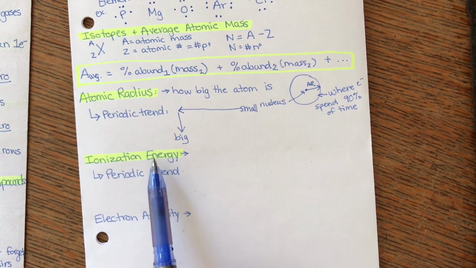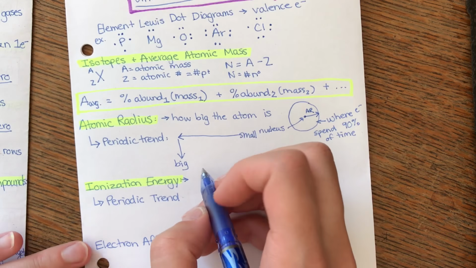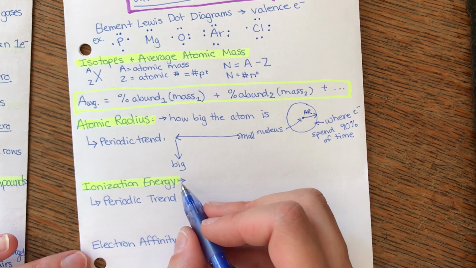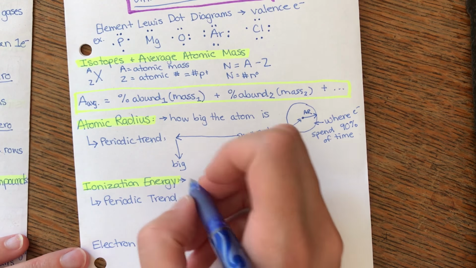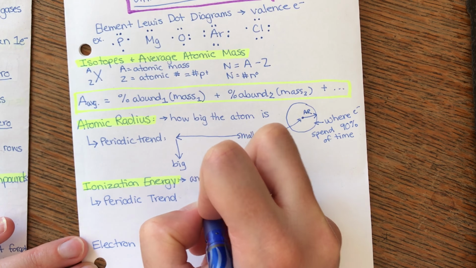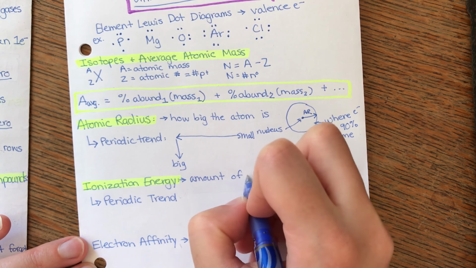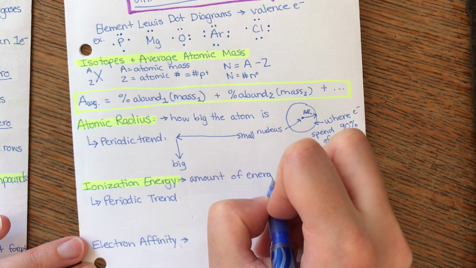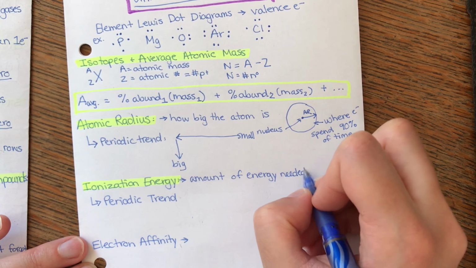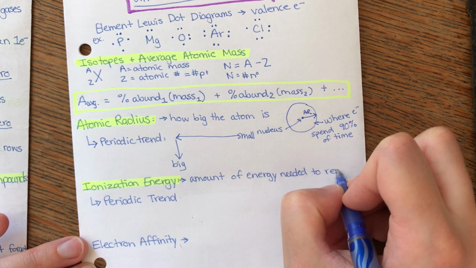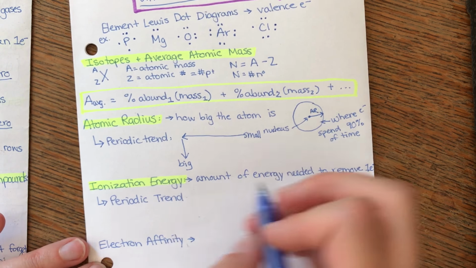Then ionization energy. So I don't think we got quite to this. Ionization energy is the amount of energy needed to remove one electron. So remember, ionization is when you get a charge on something, so it's the amount of energy needed to remove one electron.